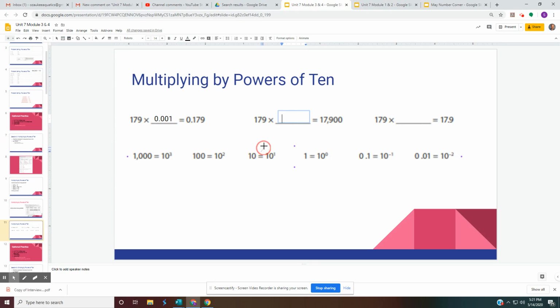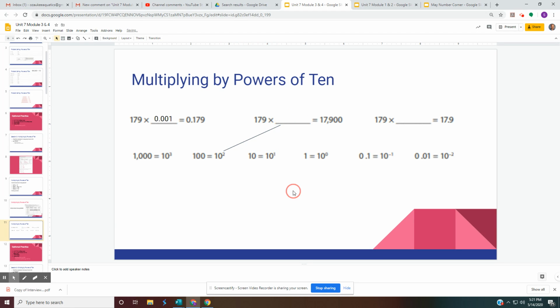So I can just draw a line here. Oh, I don't want to draw a line there. What am I doing? What am I multiplying by 179 to get 17,900? Well, I'm adding 2 zeros to the end. Well, here's my 2 zeros. So I am going to multiply it by 10 squared, or 10 to the power of 2.